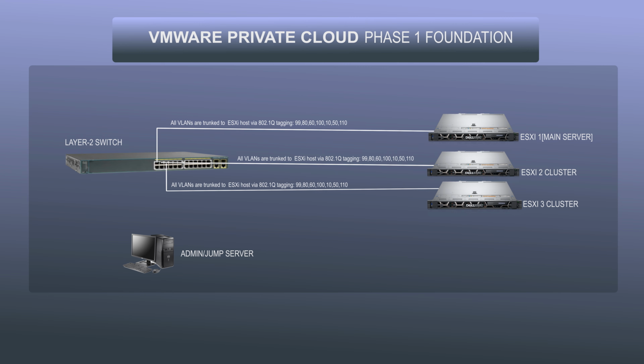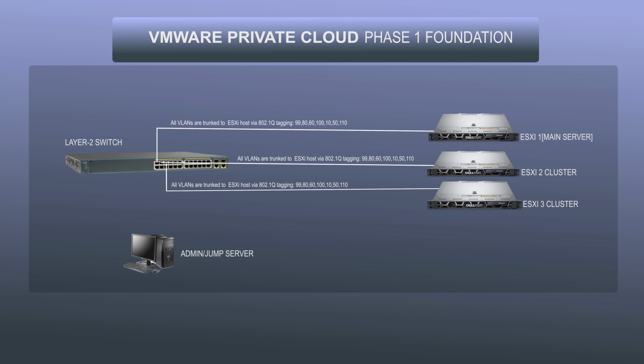Management, vMotion, vSAN, NSX transport, and core services. Because every ESXi host is connected to its own trunk port, each host receives the full network fabric. They all get the same VLANs, the same subnets, and the same backbone.